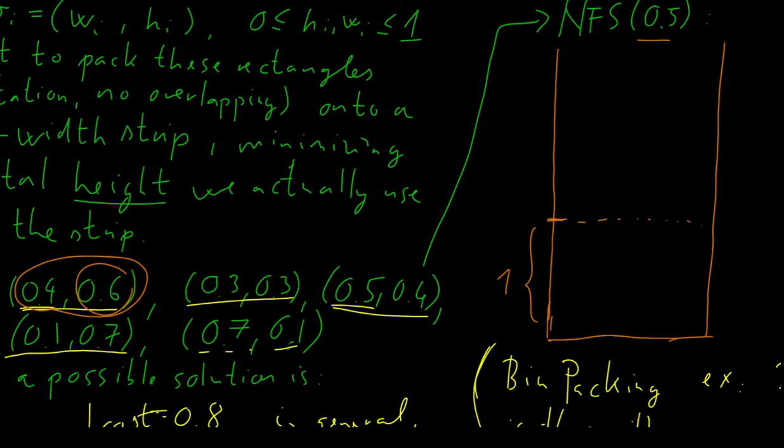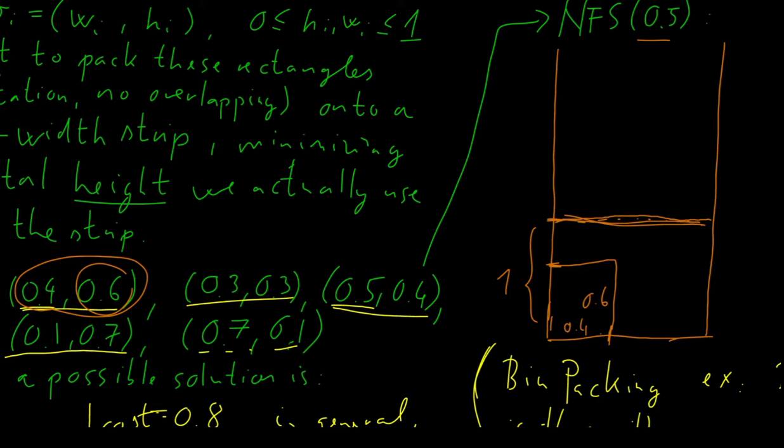You can just visualize this like there was some actual shelf placed here, and we are just putting this object. So 0.4 is almost the half, and 0.6 is slightly larger than the half, so that's it. So it's 0.4 times 0.6.